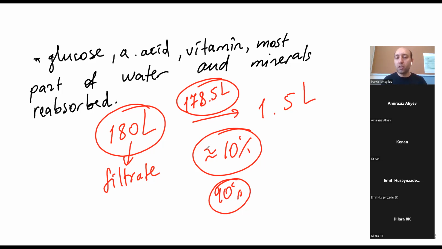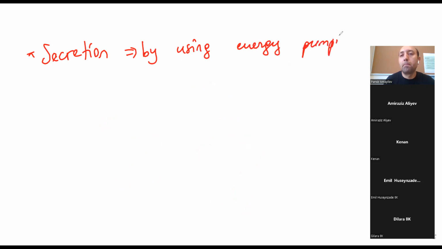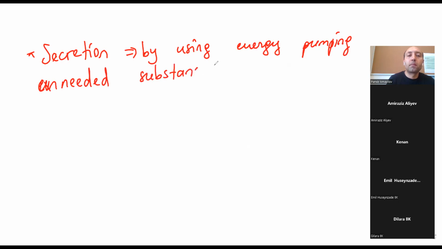We don't actually need secretion. But I will write one sentence about it. So secretion. Secretion is generally, by using energy, pumping unneeded substances such as urea into the kidney tubules.